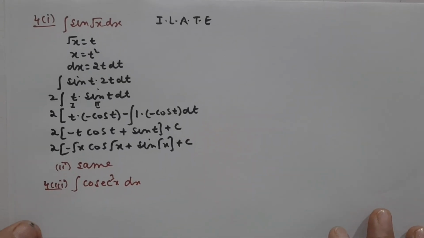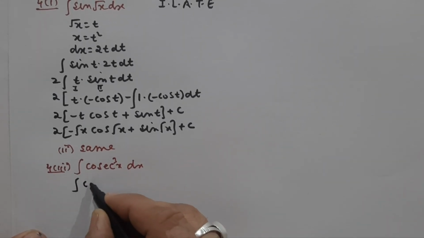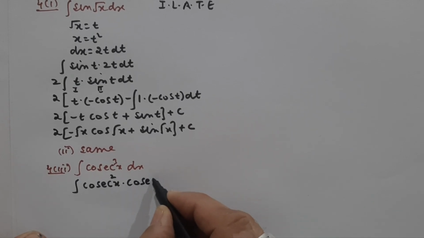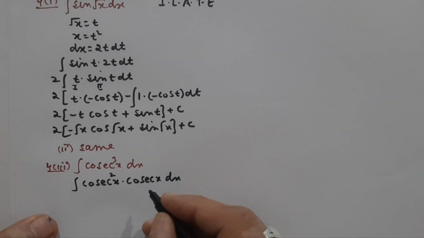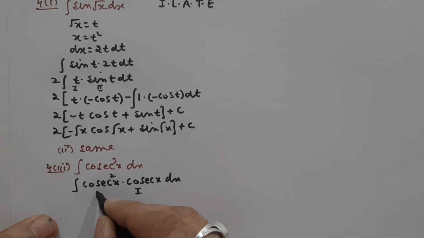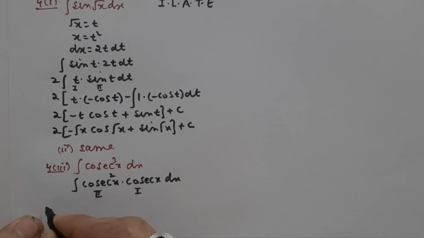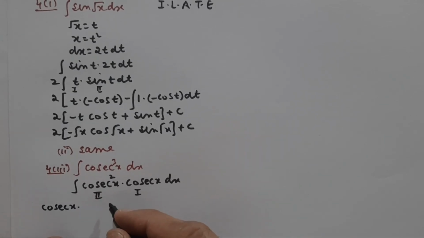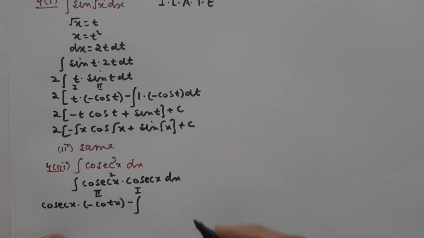Now students, let us see. To integrate this, we break cosecant cube as cosecant square x into cosecant x, like this. Now we take cosecant as first function and cosecant square x as second function. So let us integrate this. We write cosecant x first function, integral of cosecant square, this is minus cot x, minus integral of derivative of first.